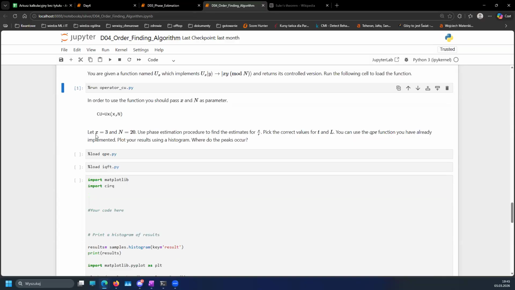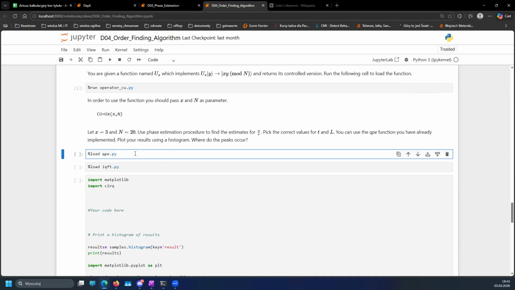And here we have our lucky guess, and here it's denoted as X, and I called it A. So this is like X to the power of r instead of a to the power of r. And our public key here is 20. Here so far it doesn't need to be a product of two prime numbers, but tomorrow we will deal only with such tasks.